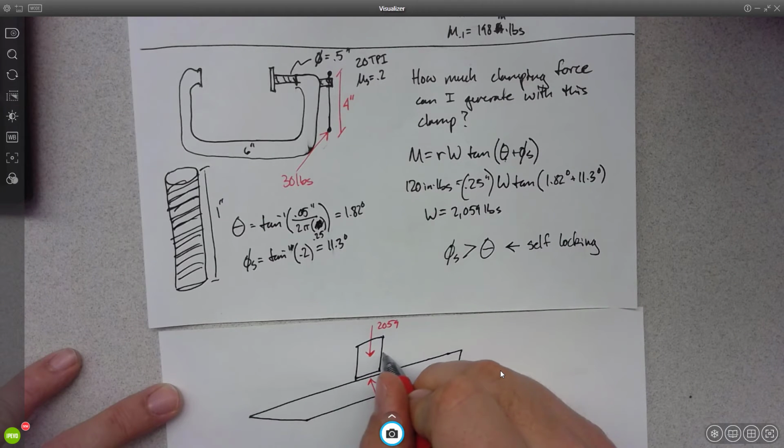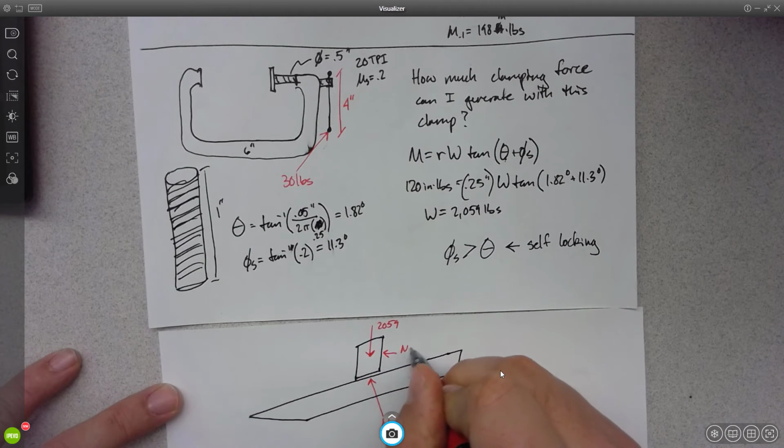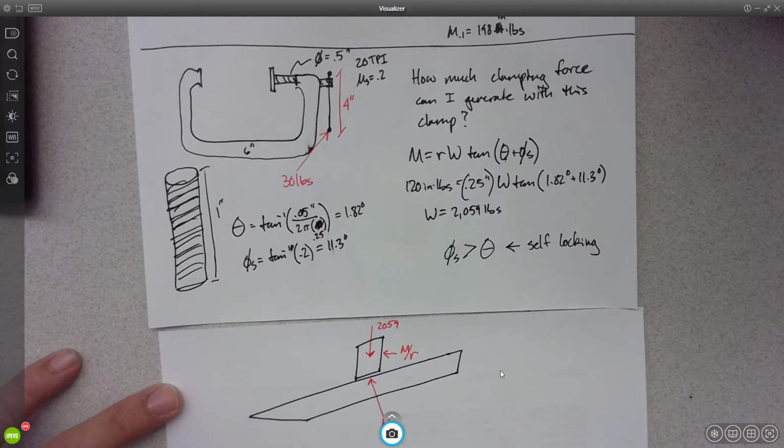So that means that we're going to put some force M over R on the side, which then impending motion is going to be this way, or is going to be opposite it. So force of friction becomes here. And our R is right here.